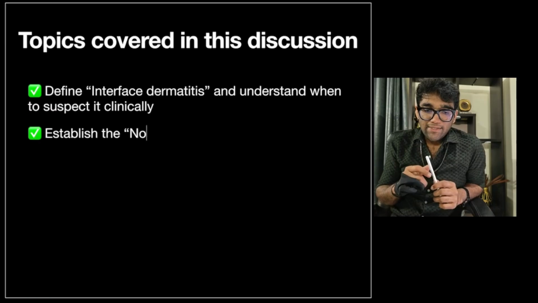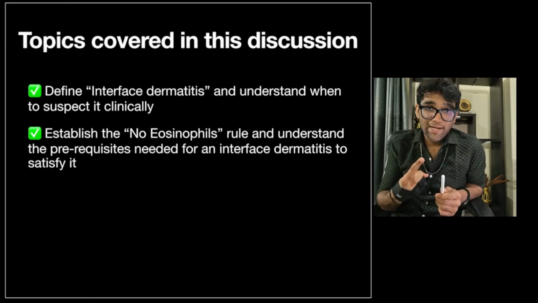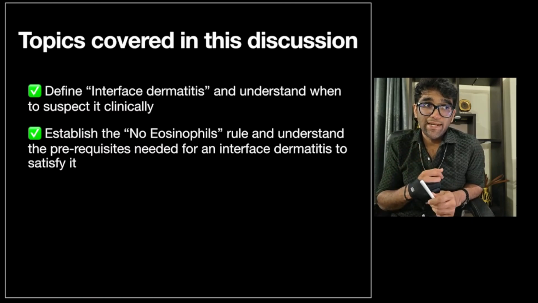Second, we have established what the no eosinophils rule is. In order to satisfy the no eosinophils rule, a lesion must allow the barrier function of the skin to remain intact.